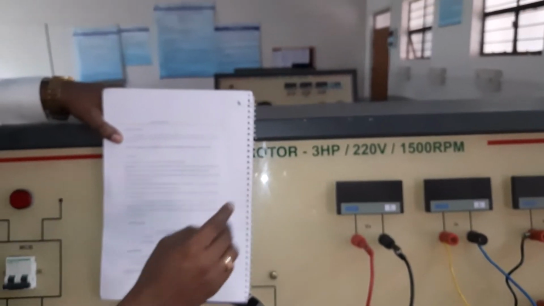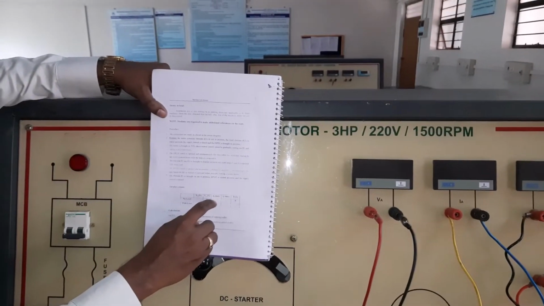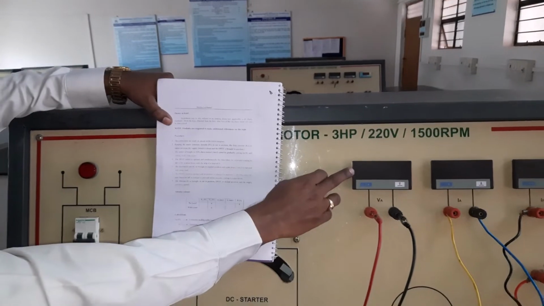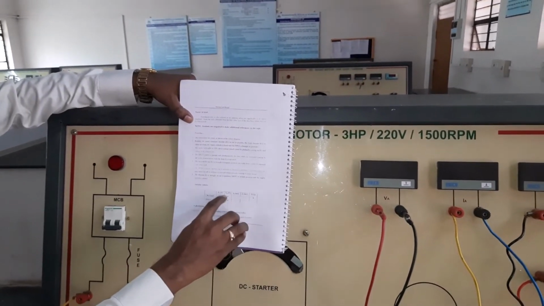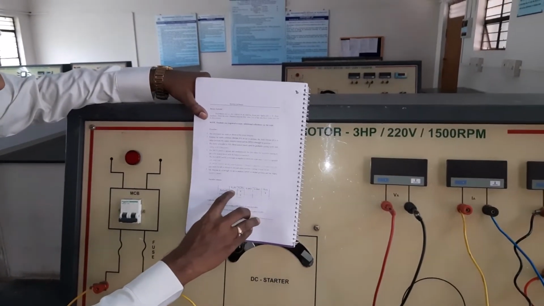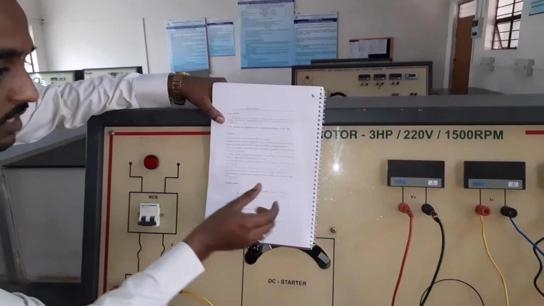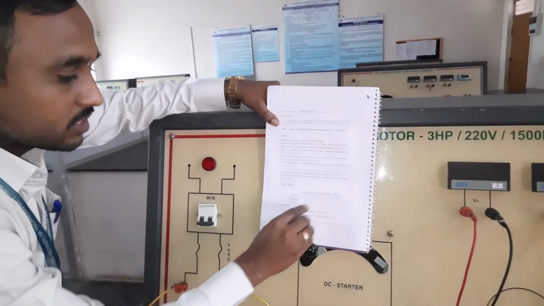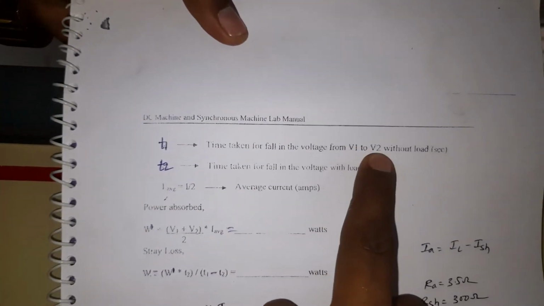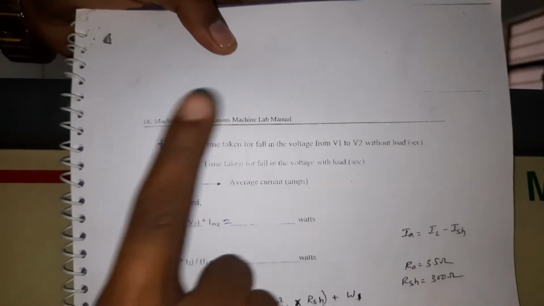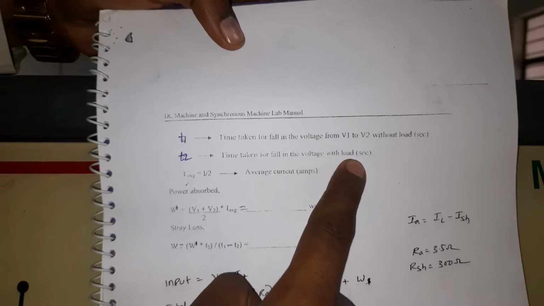We take the voltmeter reading, and using a stopwatch we measure the time for the voltage to go down to 0. That is the secondary voltage, so V2 becomes 0. From V1 to V2 the voltage is decreasing, and that time period we take down is called T1. T1 is the time taken for the fall in the voltage from V1 to V2 without load, in seconds, and T2 is the time taken for the fall in voltage with load, in seconds.